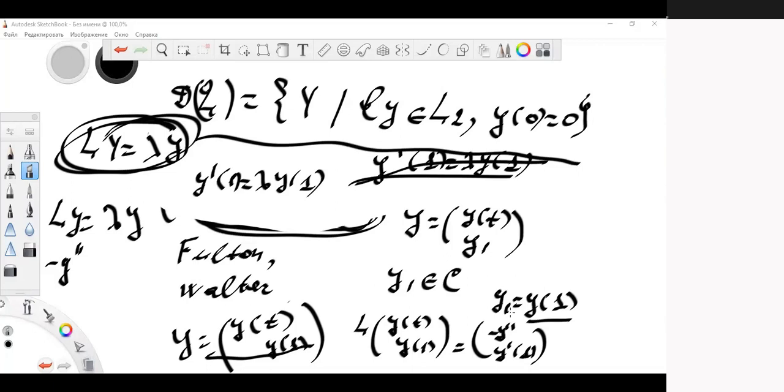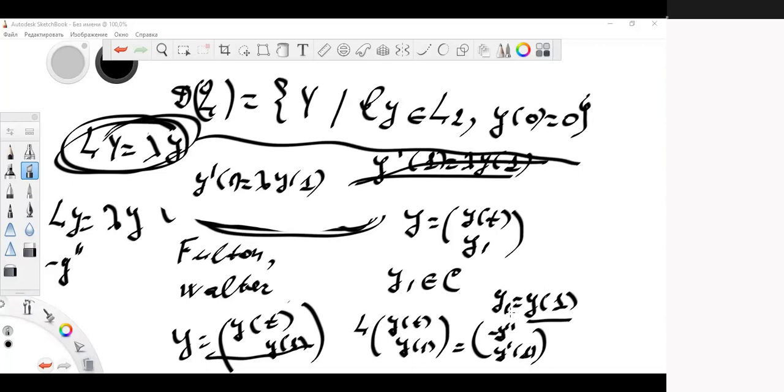And further, in place of y1, you should take y1. So instead of y from the previous definition, you should take y and y1, such a two-component vector.